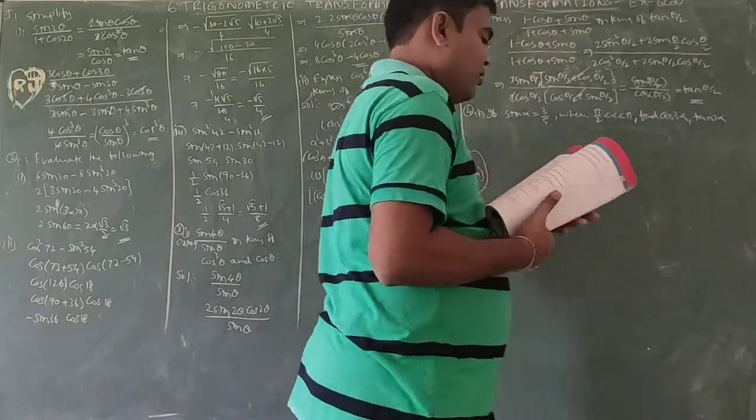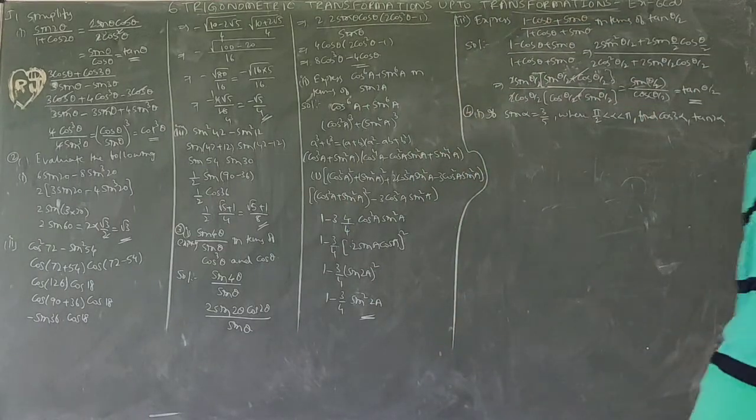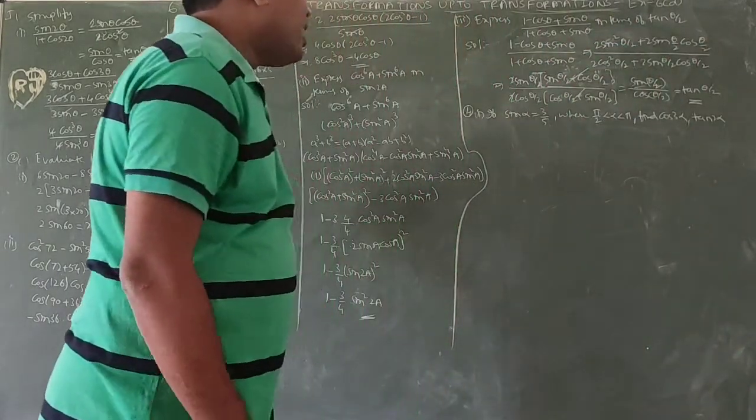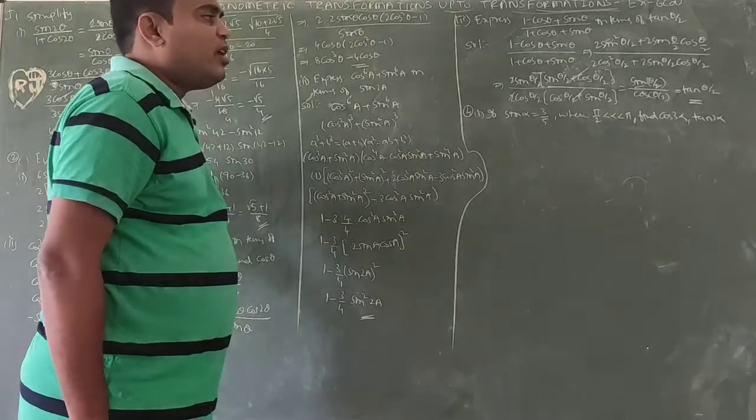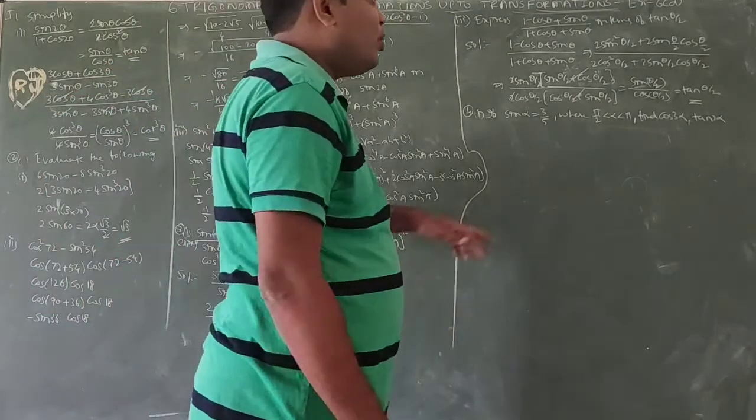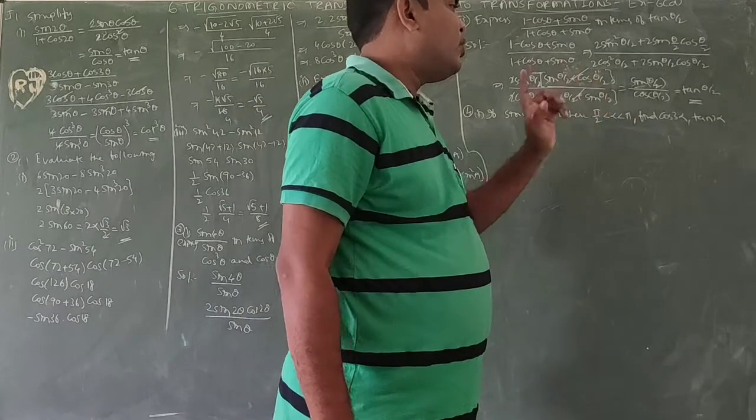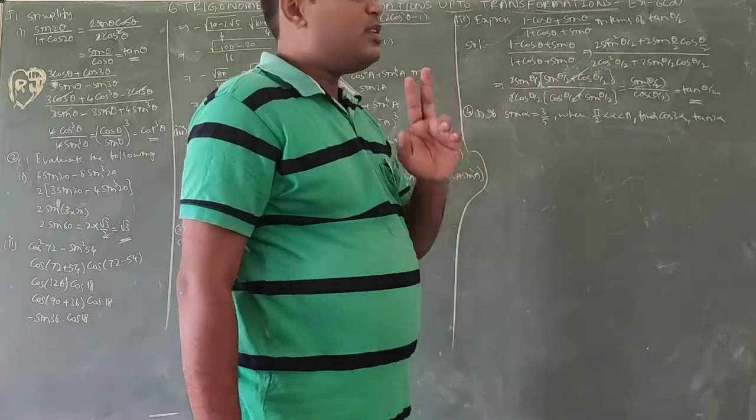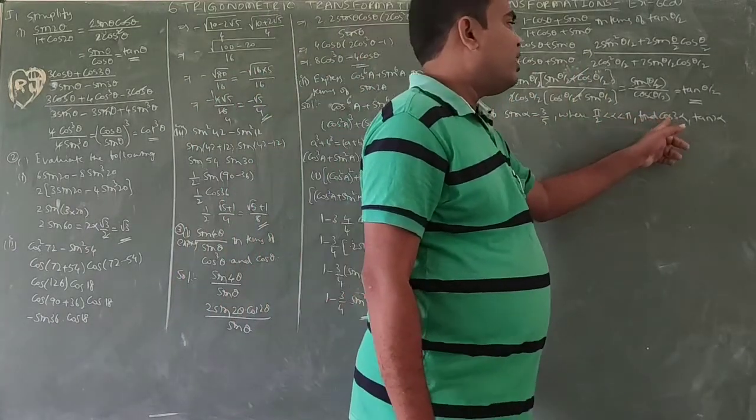We need cos 3 alpha and tan 2 alpha. Okay, first, sin alpha equal to 3 by 5. Alpha lies between pi by 2 to pi, which is nothing but 90 to 180. So 90 to 180 means it lies in the second quadrant. We need cos and tan.